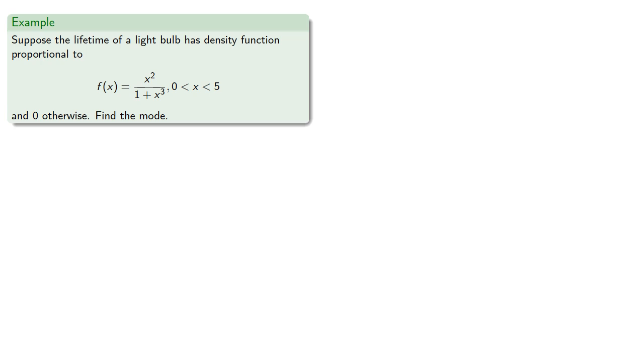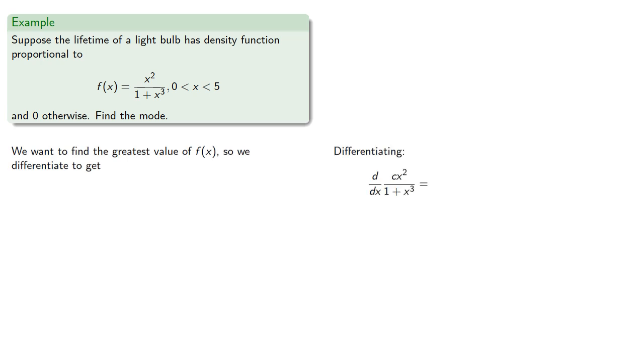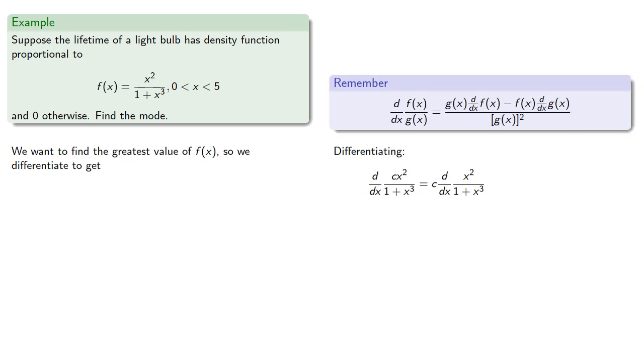So we want to find the greatest value of f of x, so we'll differentiate. And note that because of the proportionality there's a constant here, but because we're differentiating, we can remove that constant and find our derivative. So we'll use the quotient rule to get.